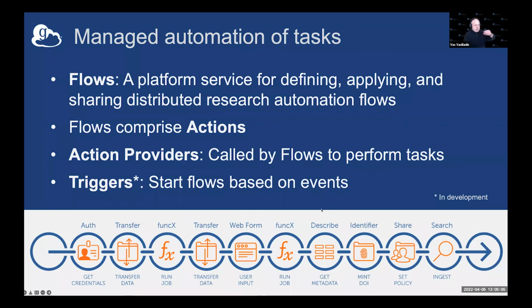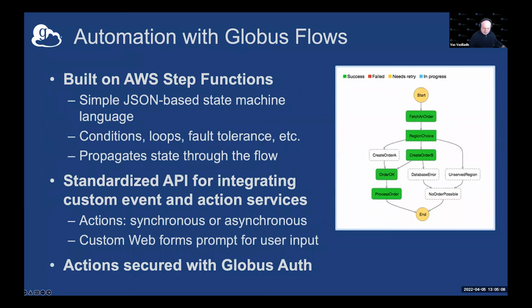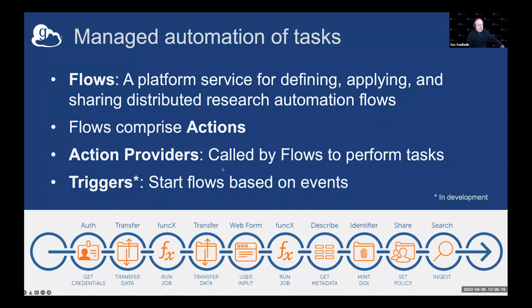And the way these flows are structured is as a series of so-called actions, pretty straightforward. And actions are enabled by action providers. The action provider is, if you will, the API or the bit of code that allows the flow service to take an action on some resource somewhere.